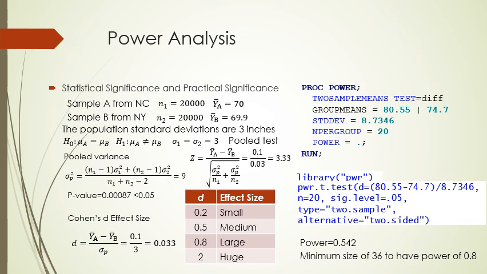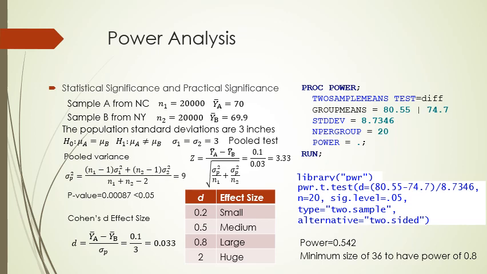If d is around 0.5, then the effect size is medium. If d is greater than 0.8, then the effect size is large. And if d is greater than 2, then the effect size is huge. The greater the effect size, the greater the difference will be.